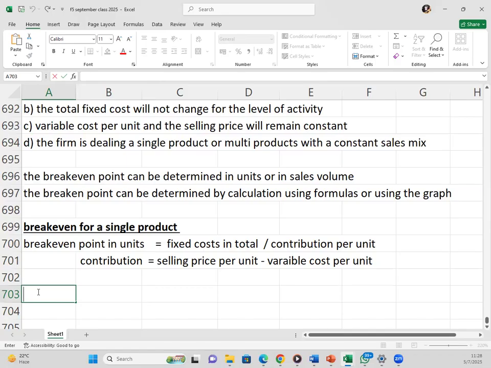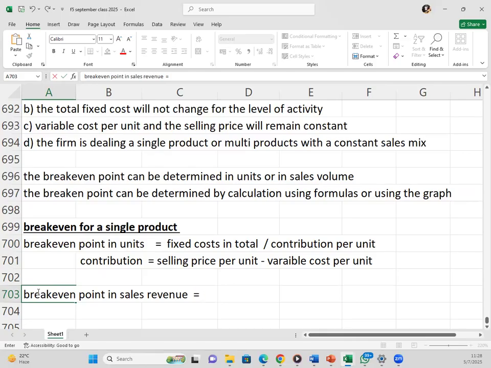So we have the break-even point in units. Then let's move to the break-even point in sales revenue. In terms of sales now, how much sales are we supposed to make for us to neither make a profit nor a loss?